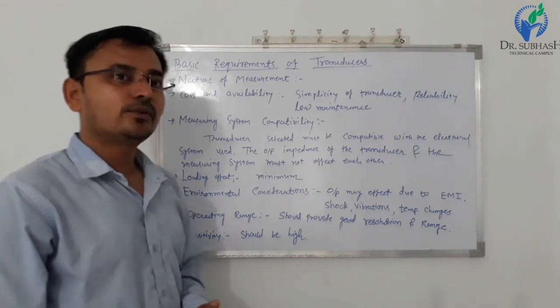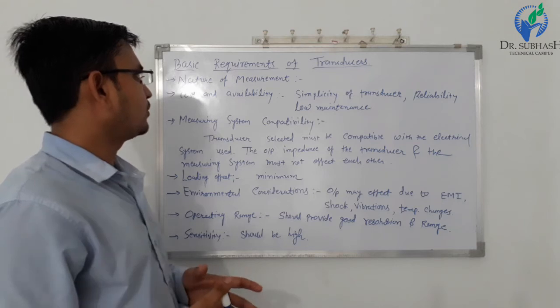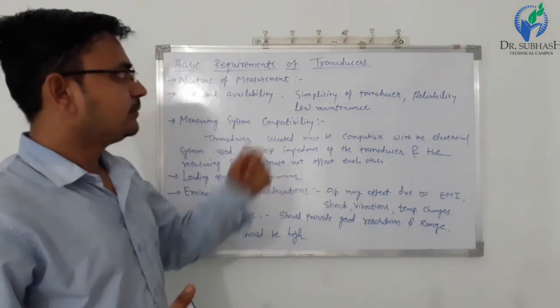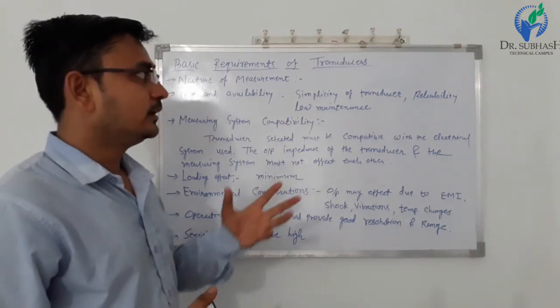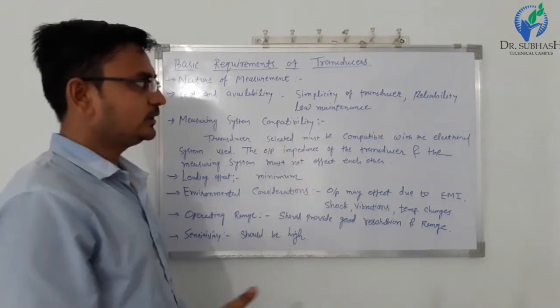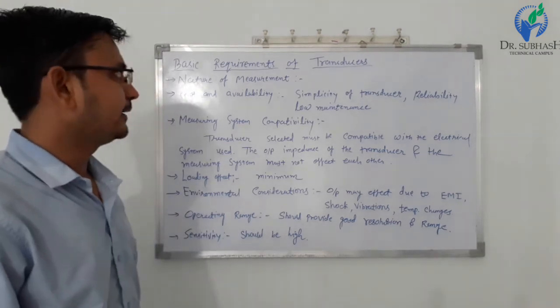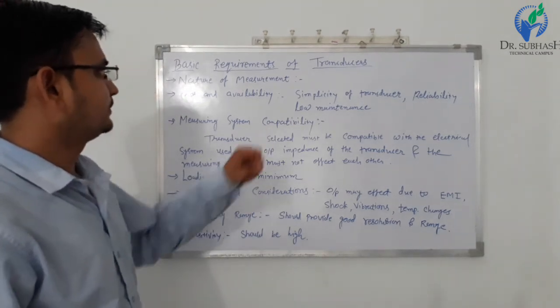So before selecting any transducer, we have to keep in mind cost and availability, simplicity of the transducer, then reliability and low maintenance. So these are the points we have to consider while selecting the transducer.